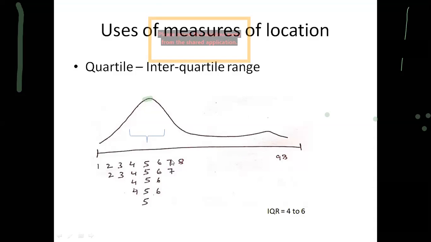One method for this is known as the interquartile range. If you calculate quartiles of this data, the second quartile is 4 and the third quartile is 6. Saying most of the data is between 4 and 6 is more appropriate than describing it as from 1 to 98, because most of the observations are at the lower side.